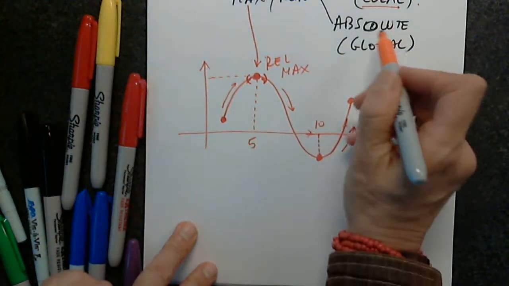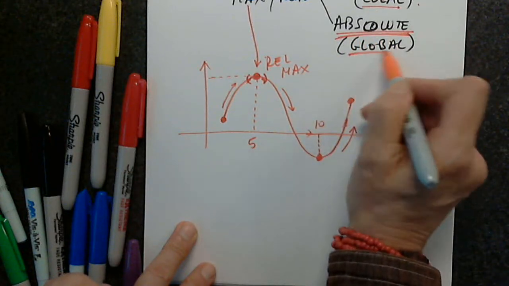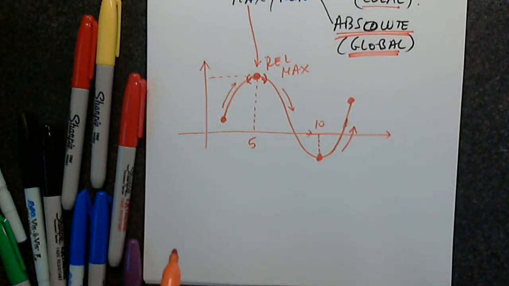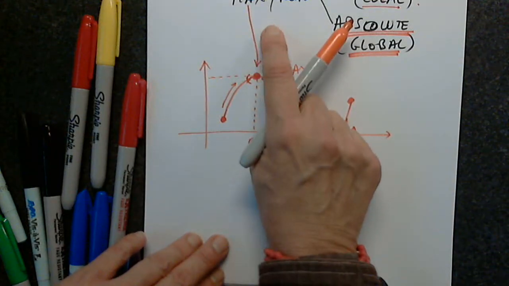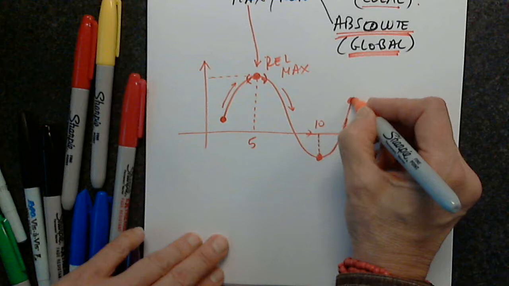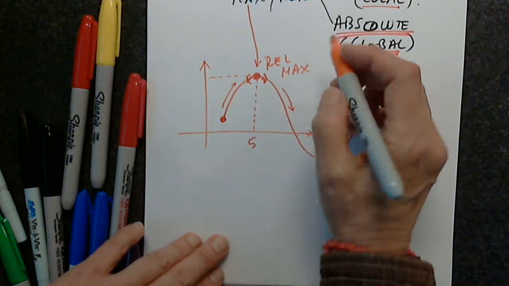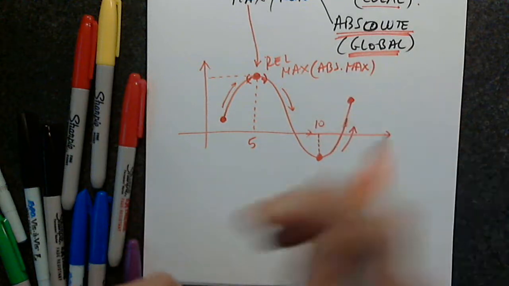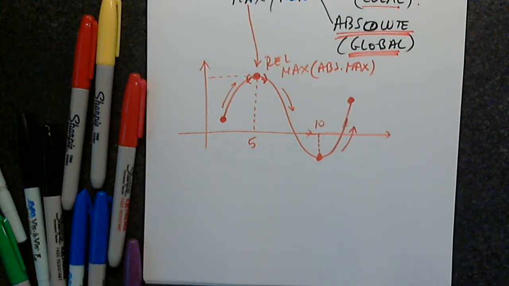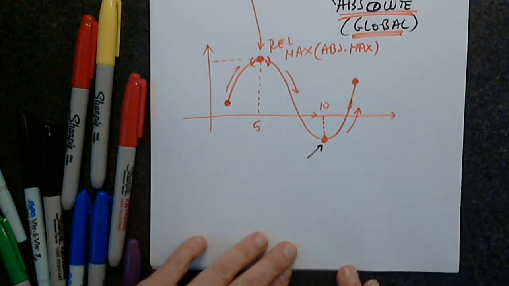Now, is this point an absolute or a global max for this function? Yes, because there is no other point anywhere that is higher than it. It starts here and it ends here. So this relative max is also absolute max. Okay, now can anyone tell us what does this point represent?